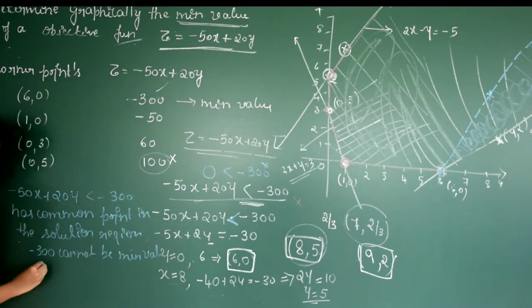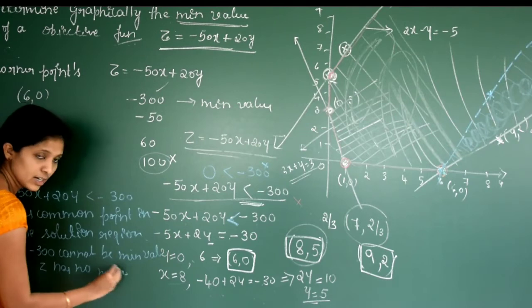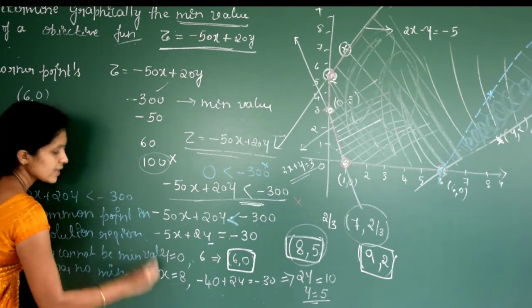So the function z has no minimum value in the given constraint. Is it clear? No minimum value in the given constraint.